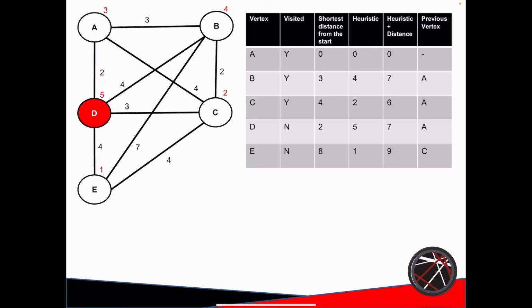We then go to D, which is our next smallest. So again, from D, I can get to B, C, and E. So to get to B would be a cost of 6, plus the 4 would be 10, which again is more expensive, therefore we're going to ignore it. You can get to C, which would be a cost of 2, plus the 3, plus that 2 there. 2 plus 3 plus the 2, so therefore will be 7, and therefore, again, is more expensive, so we'll ignore it.